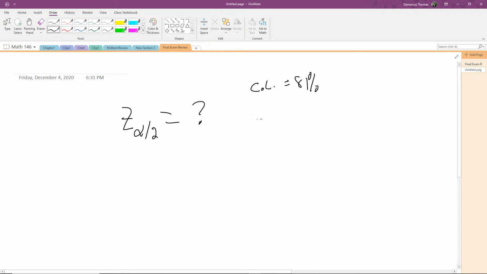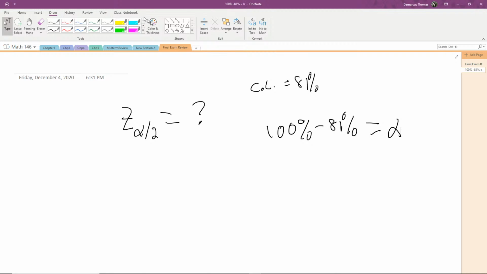Now, the alpha is actually going to be the difference between 1 and 81%. So if we do 100% minus 81%, we're going to get the alpha. Now that's 19%.